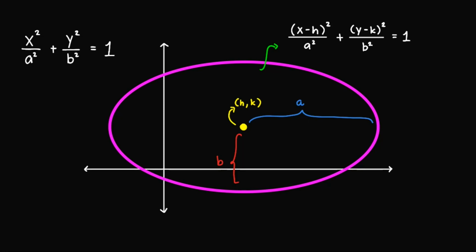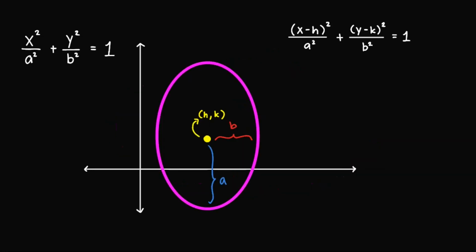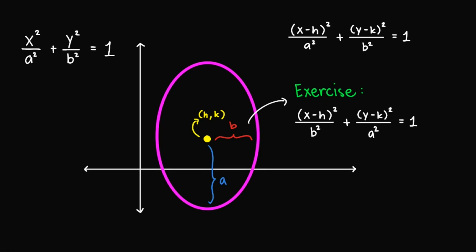And lastly, what if we have an ellipse that is oriented vertically? Well, you may try as an exercise that the equation of an ellipse oriented vertically is given by the quantity x minus h squared over b squared plus the quantity y minus k squared over a squared equals 1.